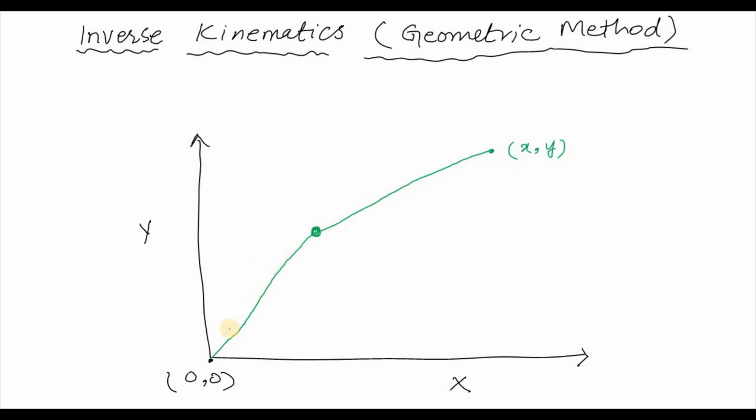Sorry, link 1 and link 2. So this was the joint 1, joint 2, and then we have link 1 and link 2 here.